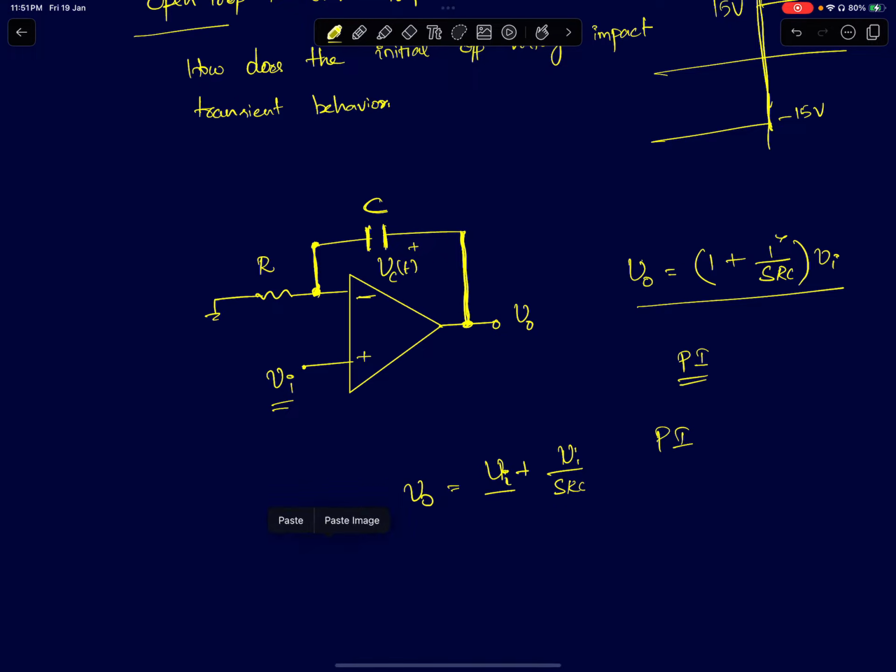The output voltage is given by Vi plus Vi by SRC, where Vi is the input voltage applied at the non-inverting terminal. So the output voltage has two parts: one is the proportional part, which is directly equal to the input itself, and the other part is the integral part. So the output voltage will depend upon the input and its integrated version. This is a well-known circuit in linear control theory.